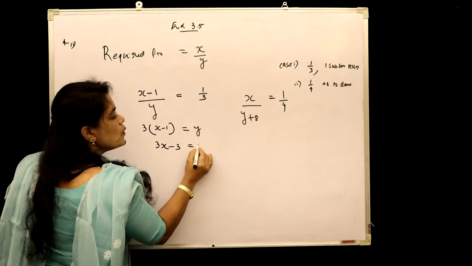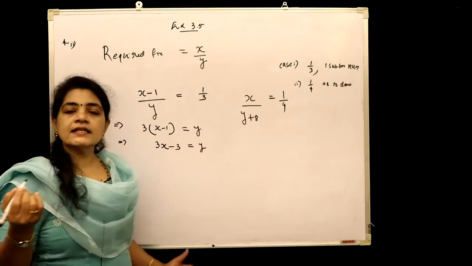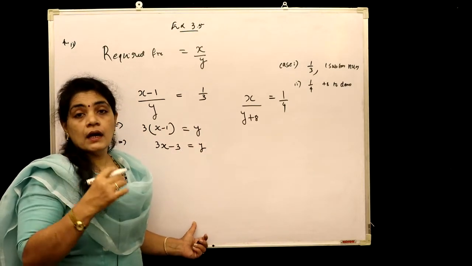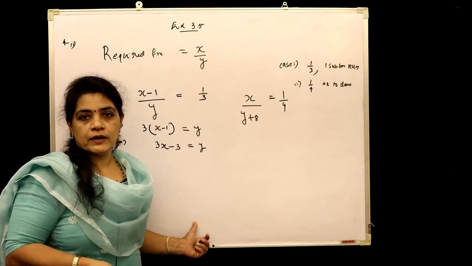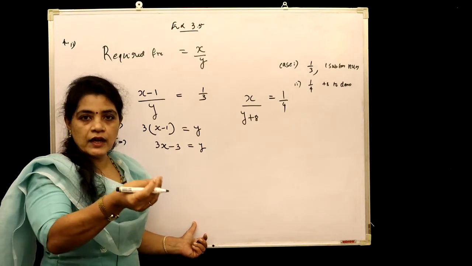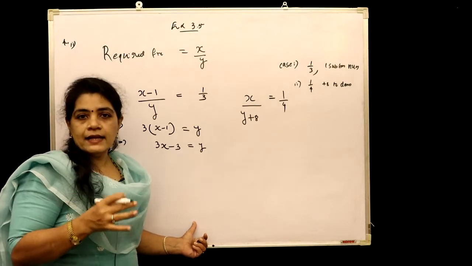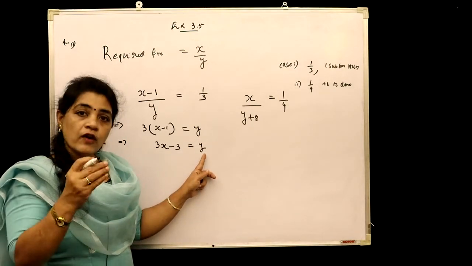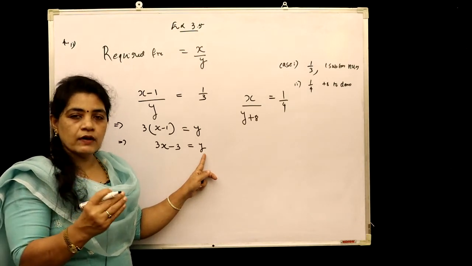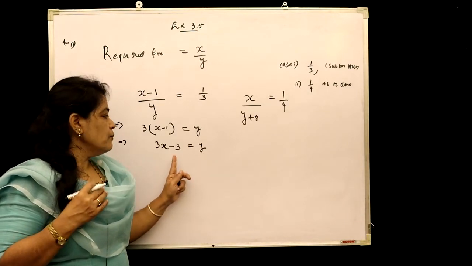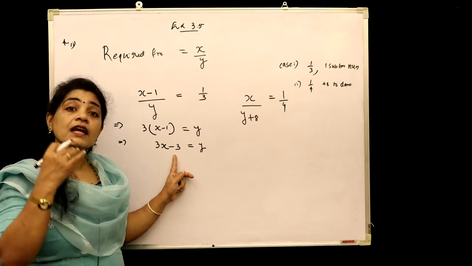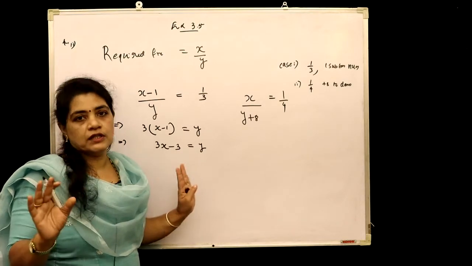equal to y. But in the standard form, we are keeping the constant to the RHS part when we are solving. That means we have to write the variables alone in the LHS part, so that we can take this y to LHS. So plus y becomes minus y. At the same time, this constant negative 3 when it goes to RHS becomes positive 3.